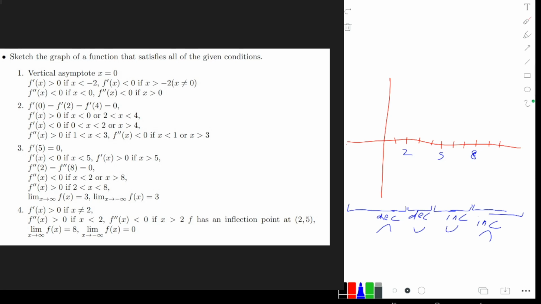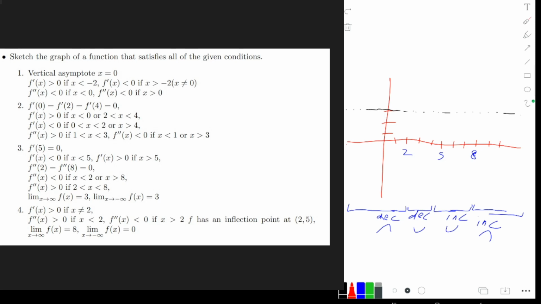And what was more, I had it previously marked in my last picture, but I don't have it marked here, is that we have a horizontal asymptote at height 3, as we're going towards plus or minus infinity. All right?